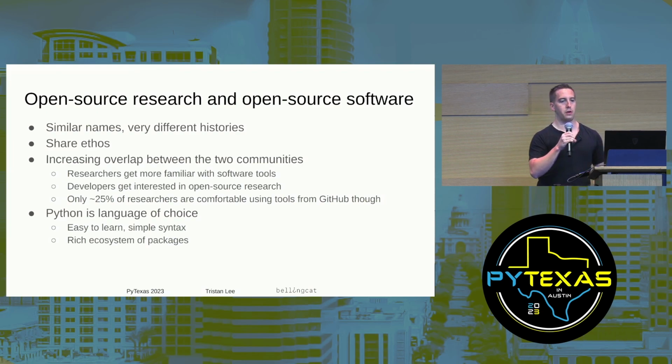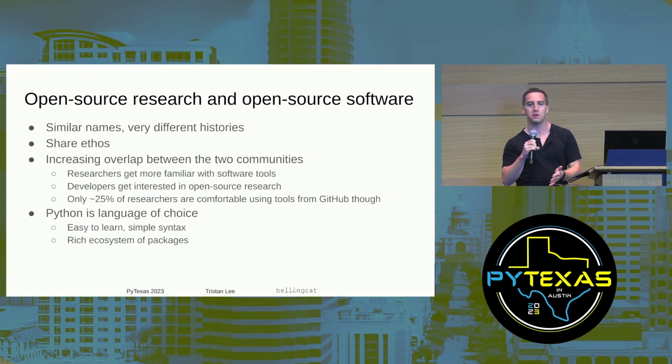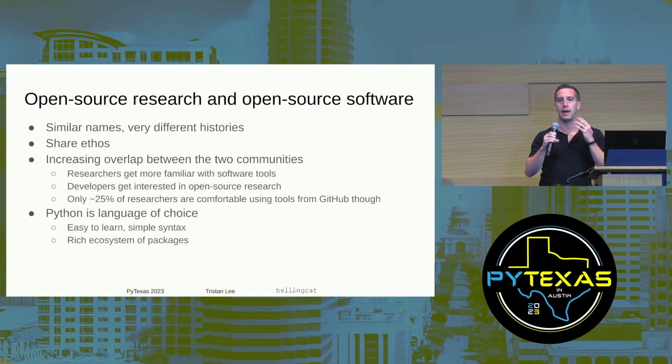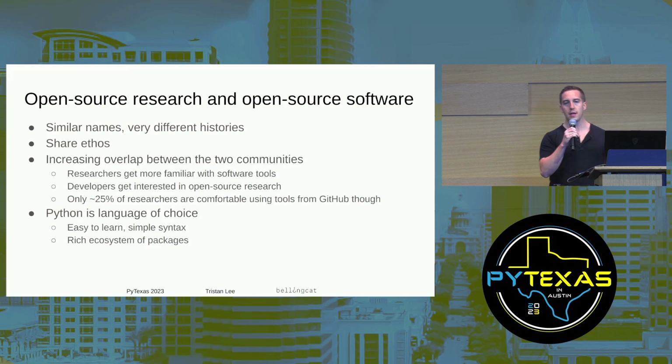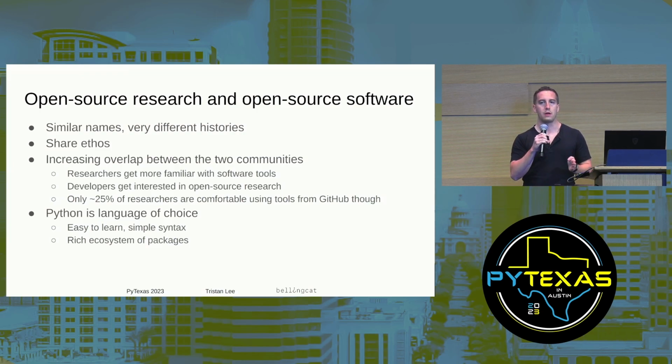Despite the different histories, though, the two communities have really independently converged on a similar ethos, really built on transparency, reproducibility, and collaboration. And going back to Krishi's talk yesterday, all these are ways of building and establishing trust. And in the last few years especially, the overlap between the two communities, the open source research community and the open source software community, has been increasing.